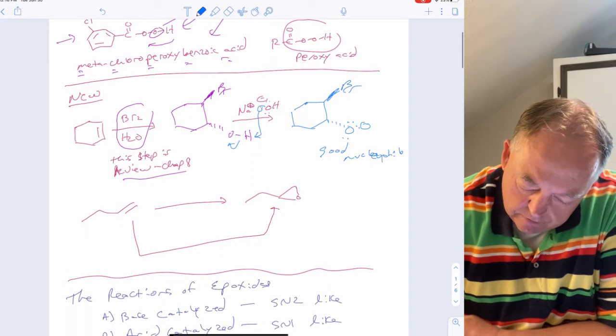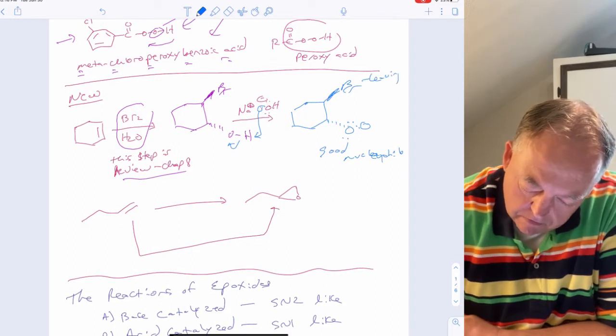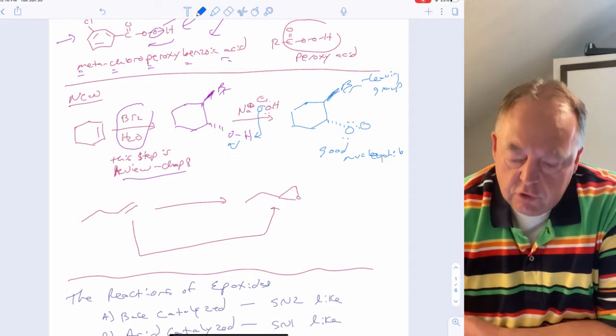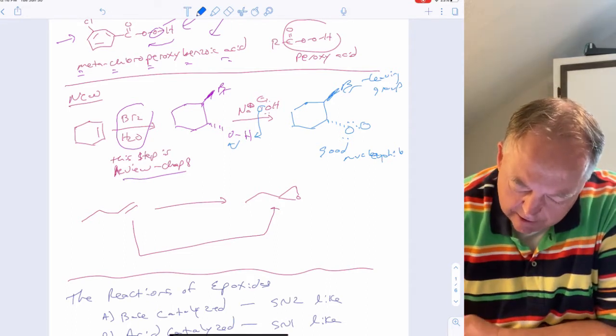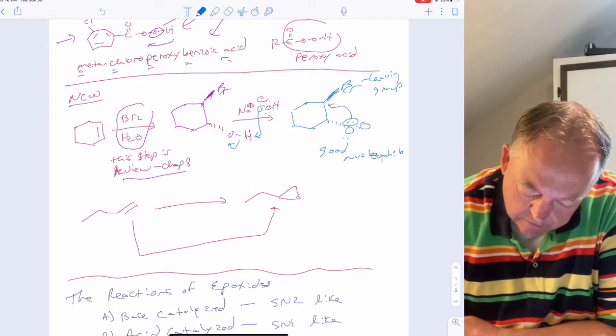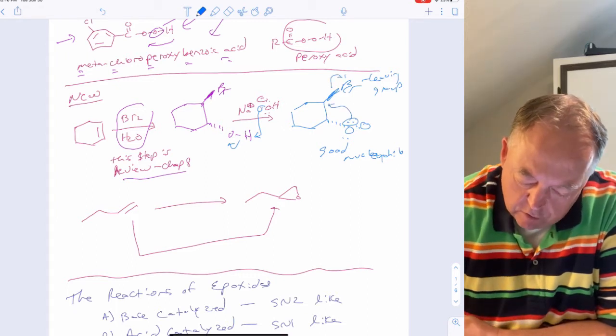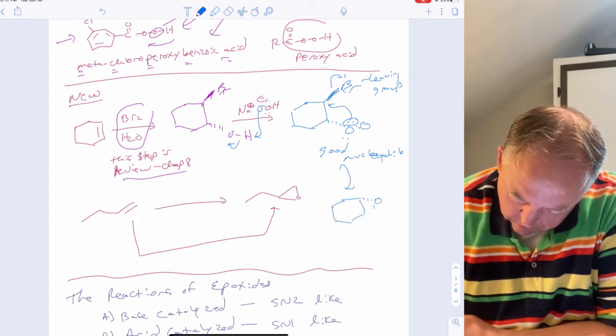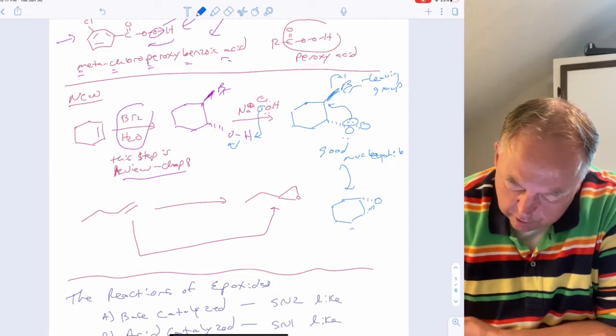And you have a leaving group in the same molecule, so this can do an SN2 reaction. As soon as you make this, it doesn't stay there. This oxygen reacts here, and you kick off the bromine. And now you have an epoxide.